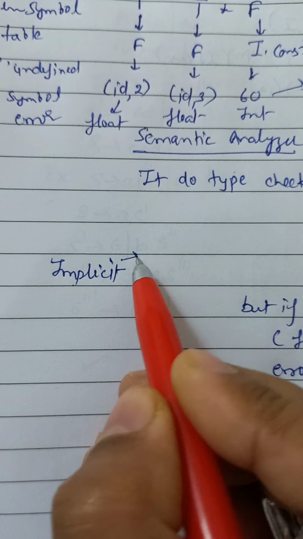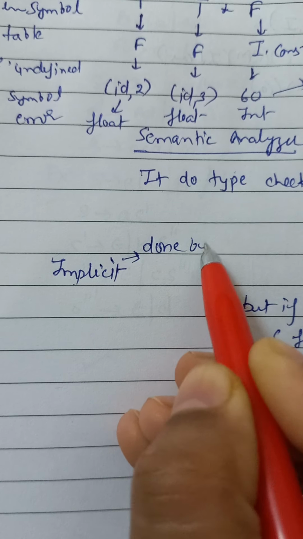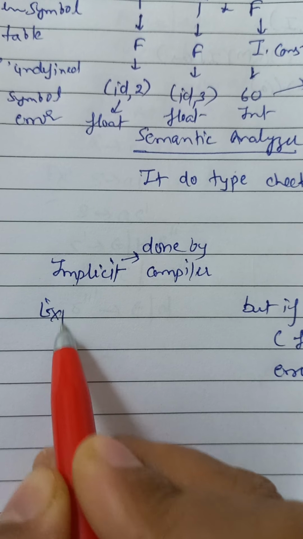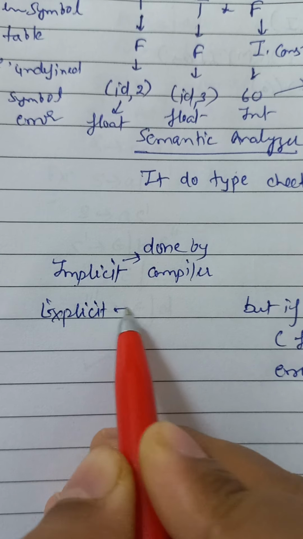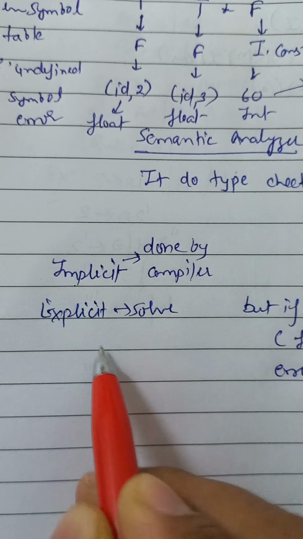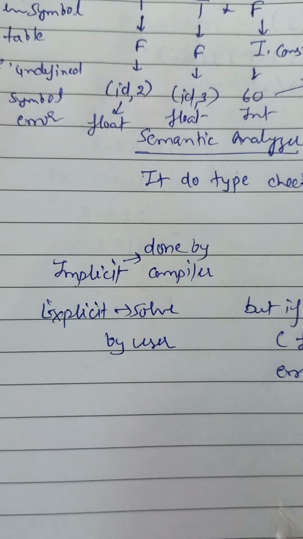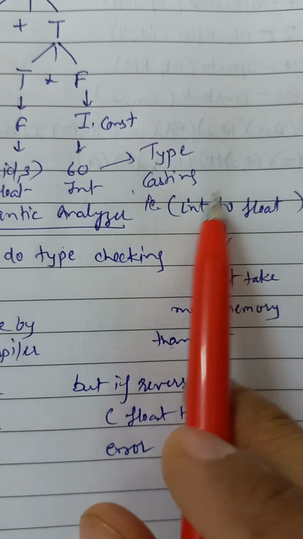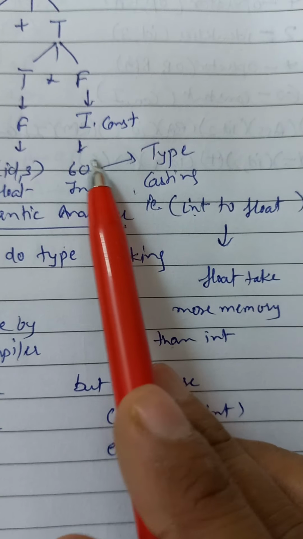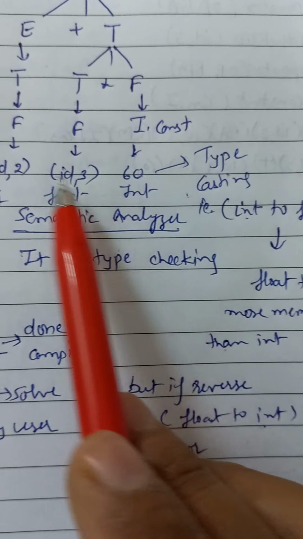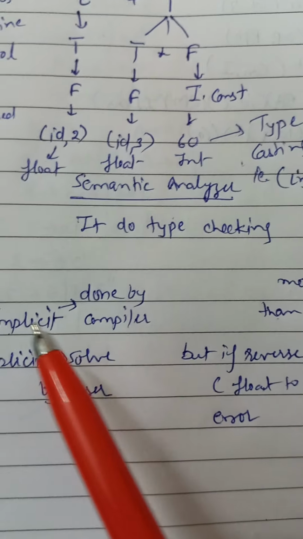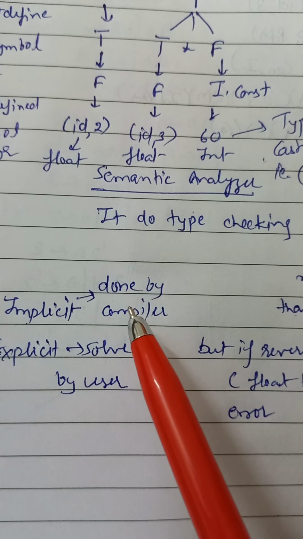Implicit is done by the compiler, and explicit is done by the user. Here we can see that this is integer and all our identifiers are float, so we need to convert it into float, and this is done by the compiler. So this is called implicit type conversion.